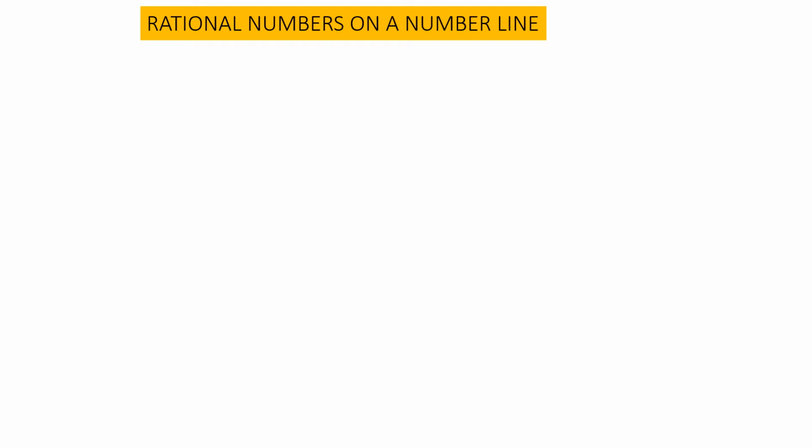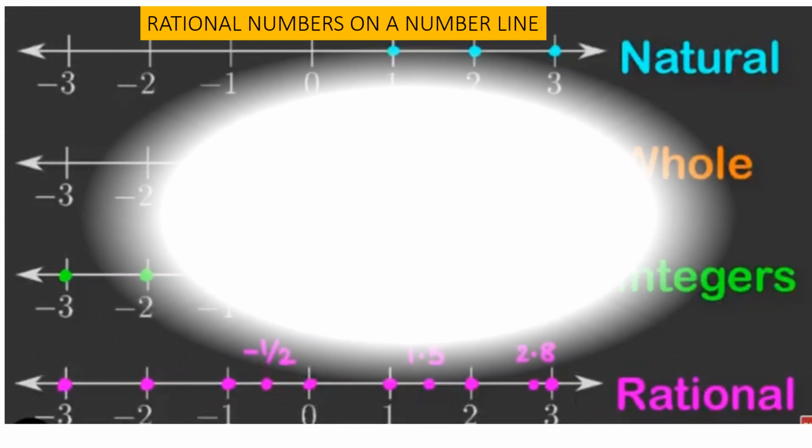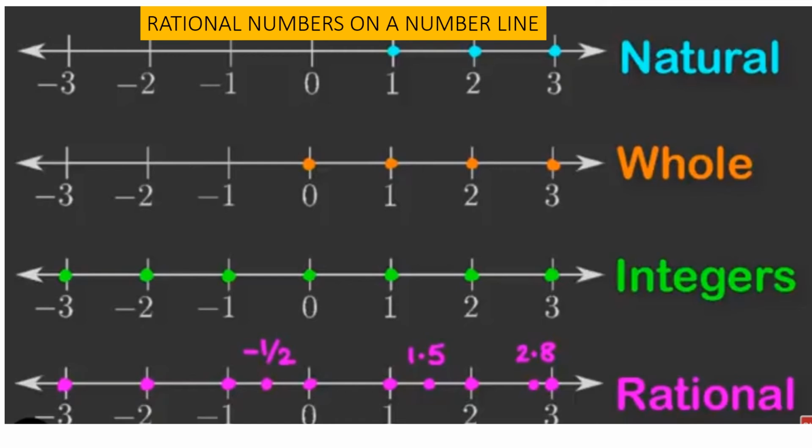Now let us see what is the position of rational numbers on a number line. You know that on the number line, natural numbers start from 1, 2, 3, etc. Whole numbers start from 0, 1, 2, 3, etc. And integers come on both sides, positive numbers, negative numbers, including 0. Then where is the position of rational numbers on this number line?